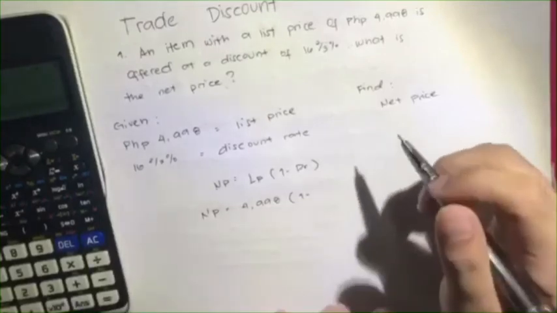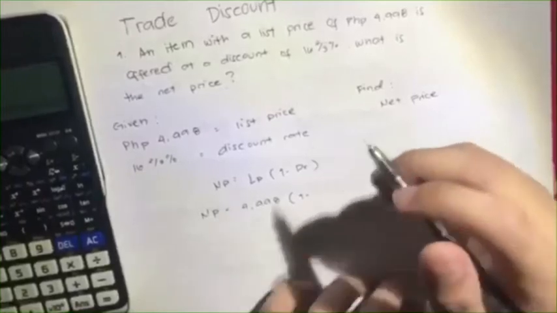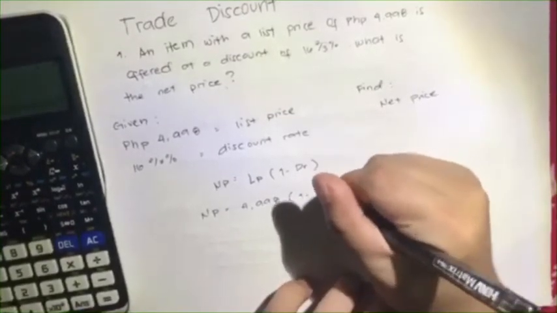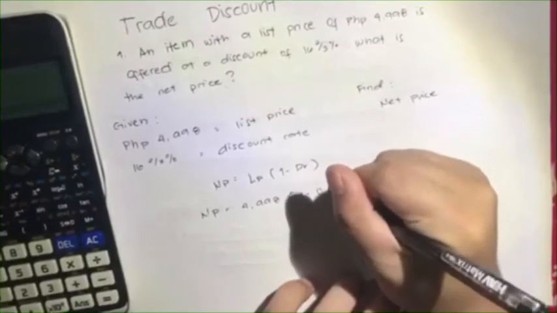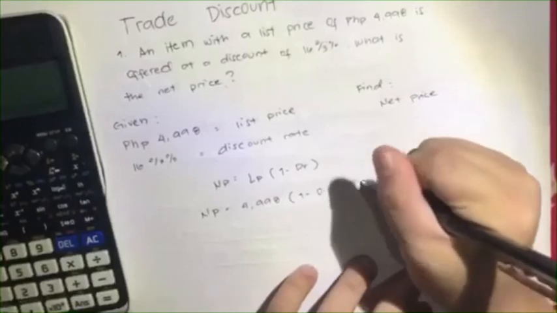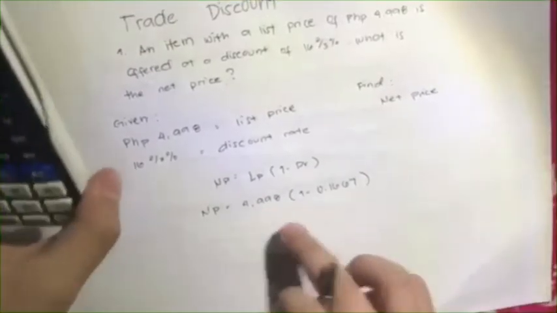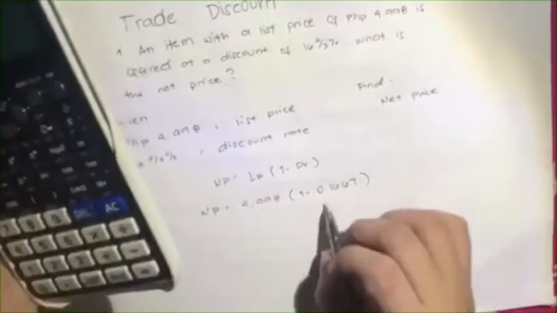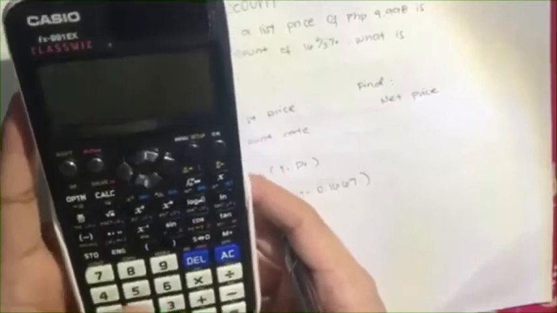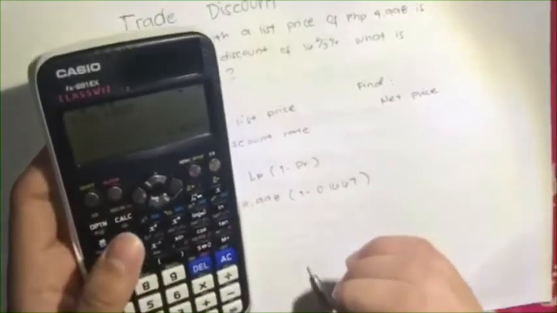Para maging decimal siya, move lang natin ng 2 beses backwards. So, meron tayong 0.16666. So next, minus lang natin ito, 1 minus 0.1667. So meron tayong 0.83.